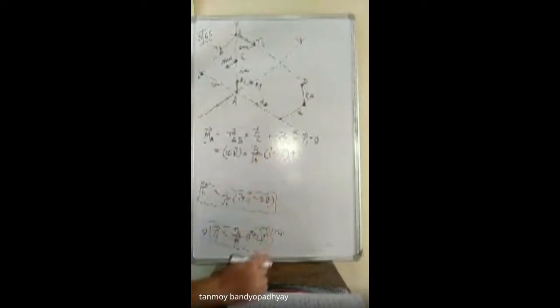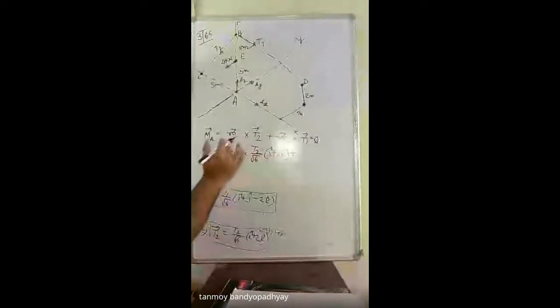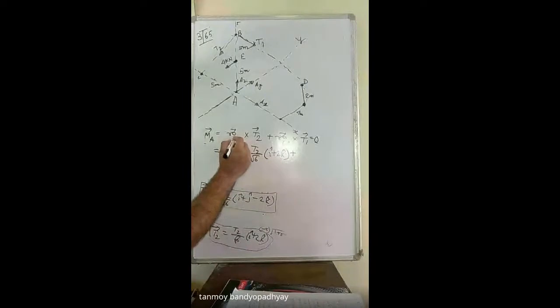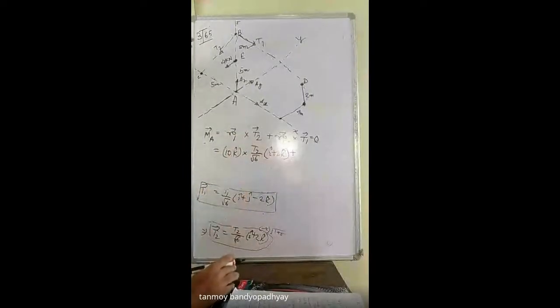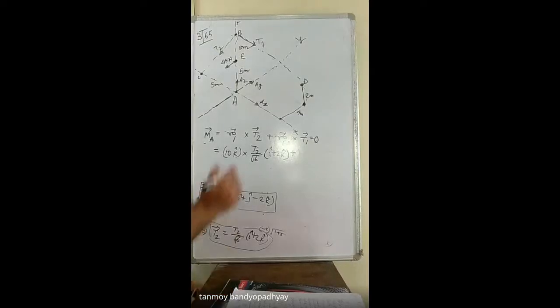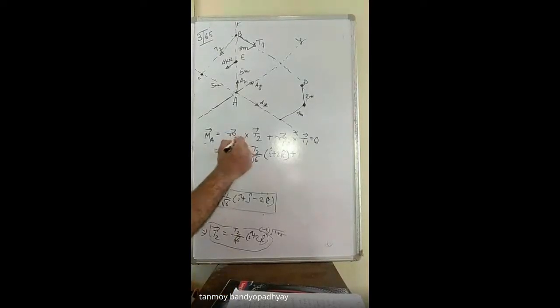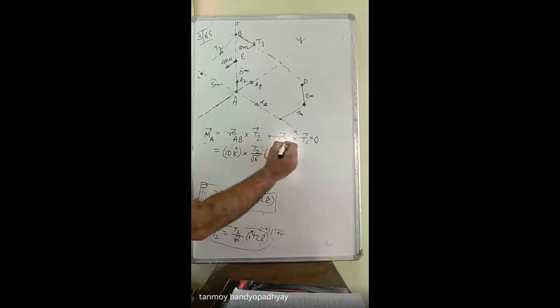So RBA will be what? This should not be RBA, it should be RAB, sorry, ROB minus OA, it should be RAB.